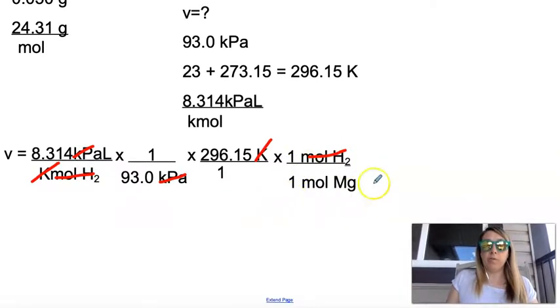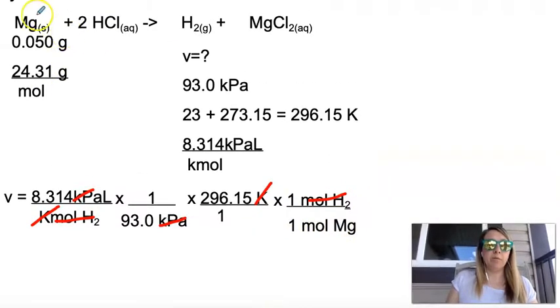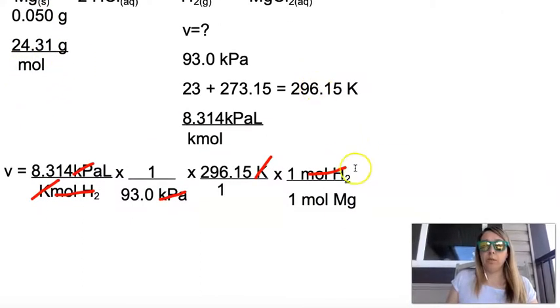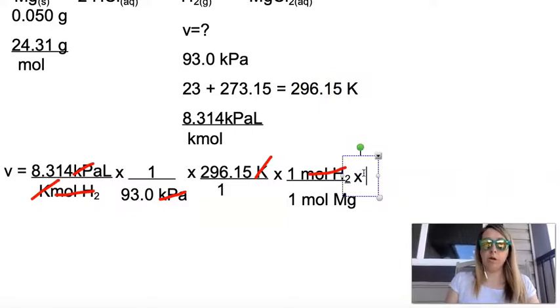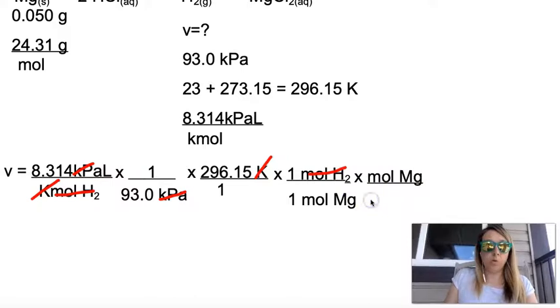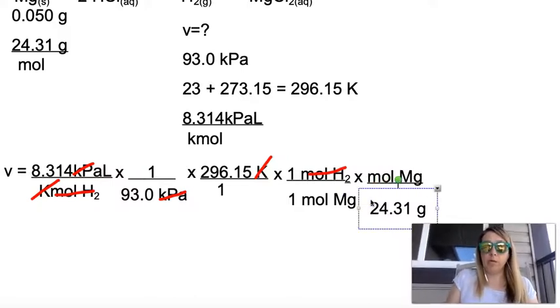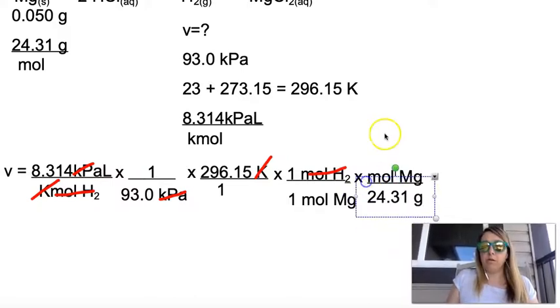Next thing we need to get rid of is moles of magnesium. So we find magnesium over here. Here's that moles. So we're going to take the molar mass and we are going to flip it over. So we're going to do times moles of magnesium over 24.31 grams. Okay, so now we've eliminated another unit. We've gotten rid of moles of magnesium.